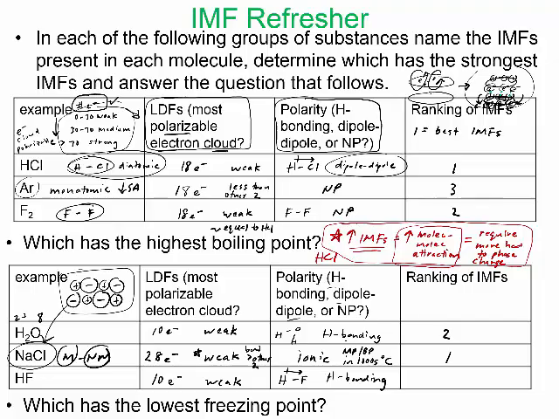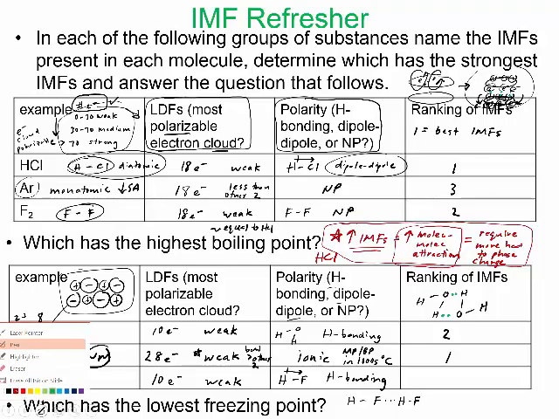The reason is for HF you could do one hydrogen bond per molecule, but if you write water upside down like this, you could see that water can actually do two effective hydrogen bonds per molecule. So that would be the reasoning there, and this would be third.